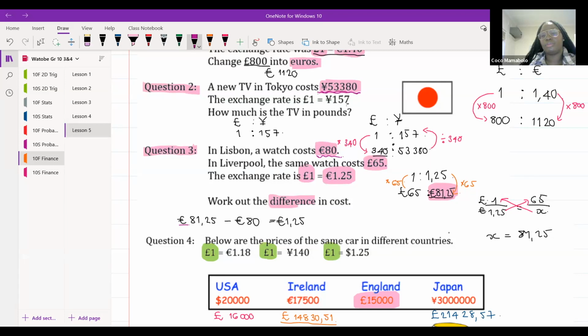Yen. So we're going to put it underneath the yen side: 53,380. But now the question is, how did we get from 157 to 53,380?